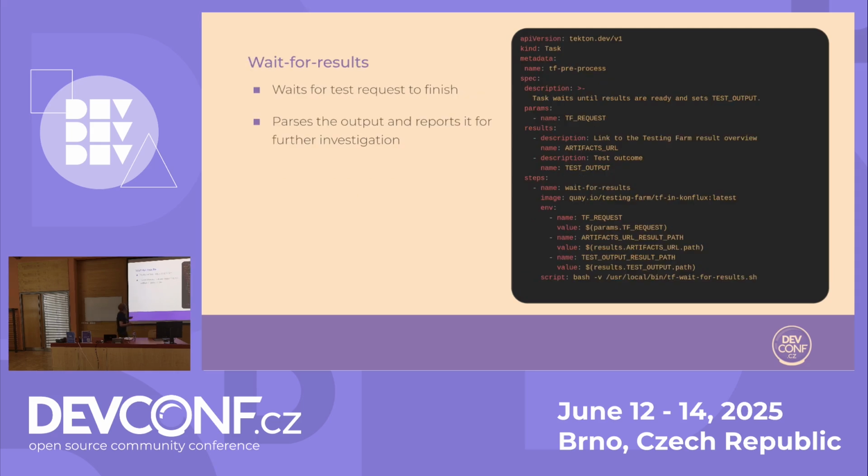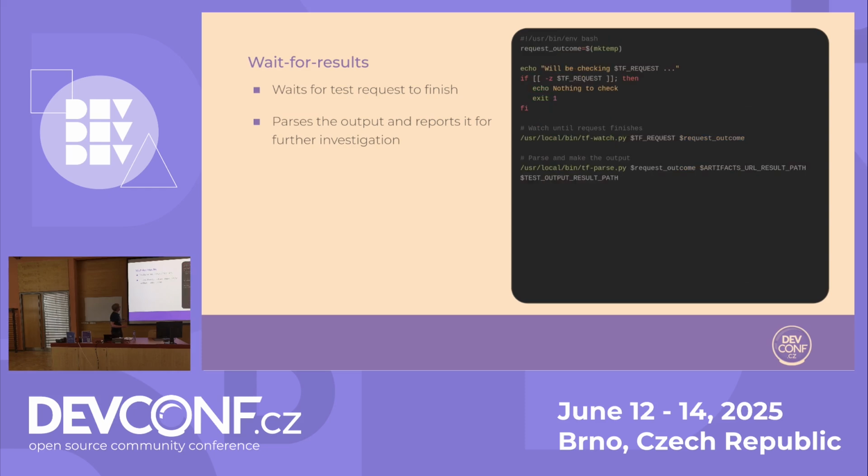The next task waits for results: it waits for Testing Farm until it finishes, and then parses the output and reports results back, like test output and artifacts URL, back to Konflux. Again, it's a script, but it uses Python scripts in it, so we won't get into such details.